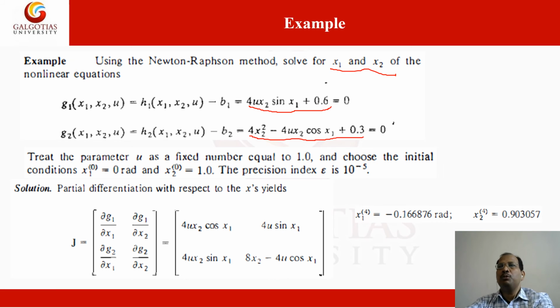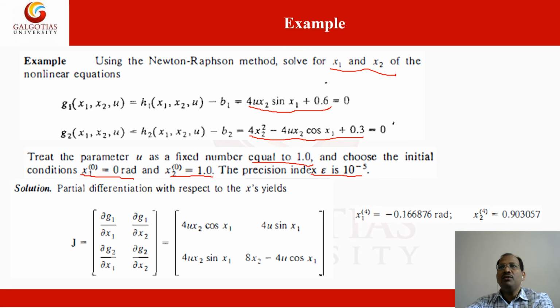First we choose the initial values. U is the control variable, which we take equal to 1. We choose the initial values x1(0) equal to 0 radian and x2(0) equal to 1 per unit, and we choose chi as 10 to the power minus 5 for the termination point.